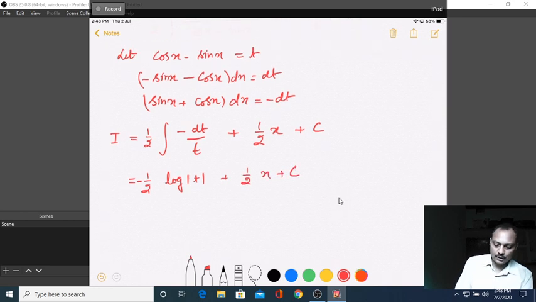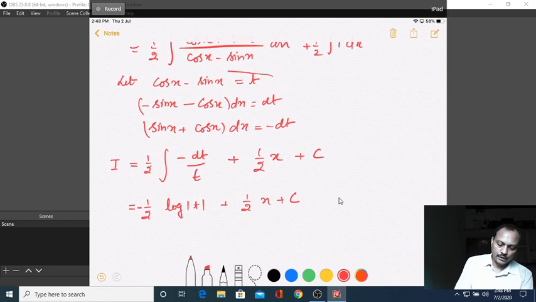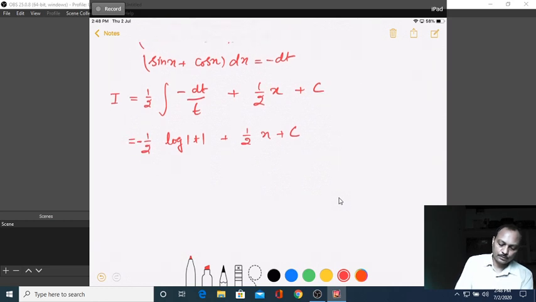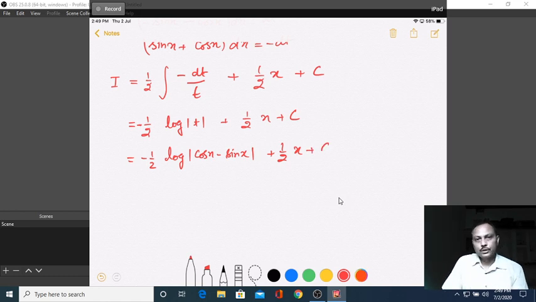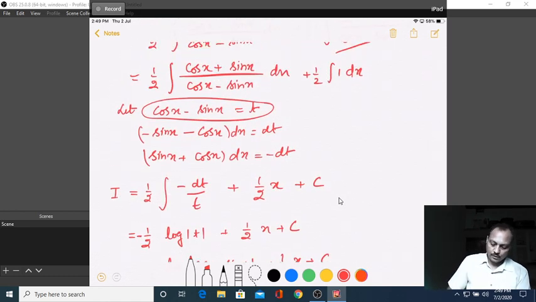Now replace this t by its value. t was equal to cos x minus sin x, so it is equal to minus log of mod of cos x minus sin x, plus 1 upon 2 x plus c. So this is the answer.